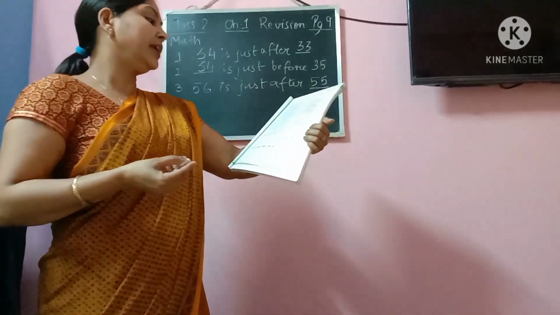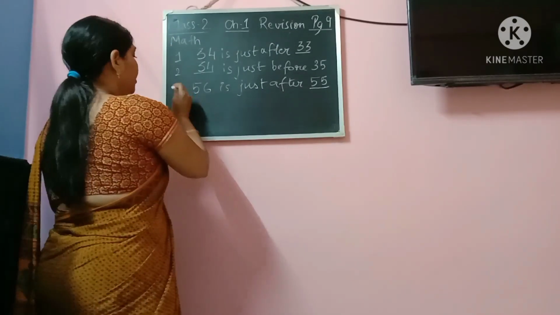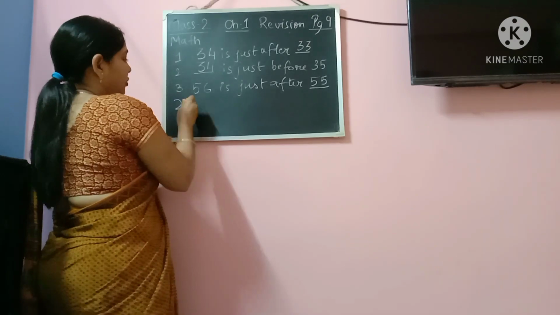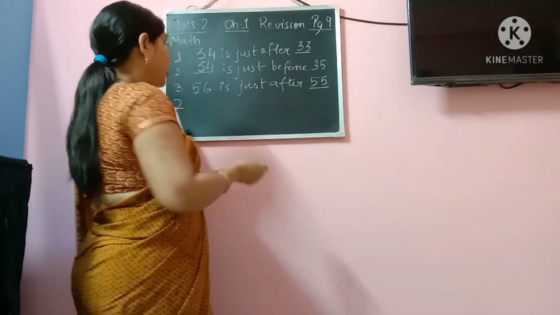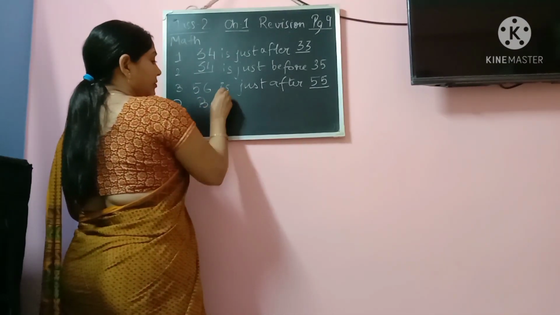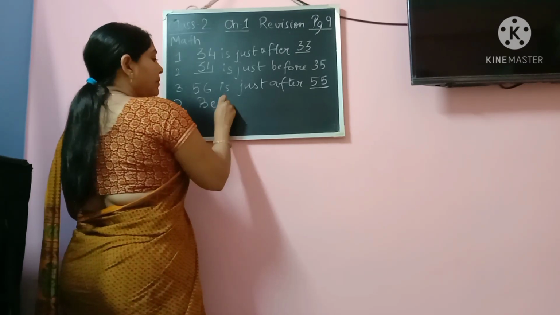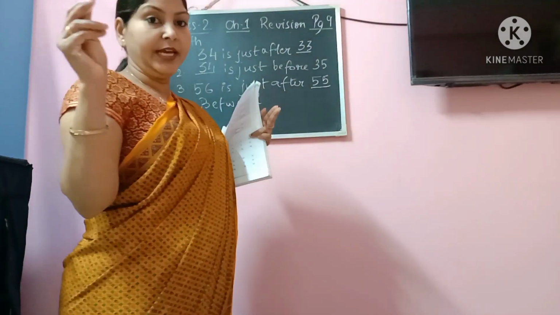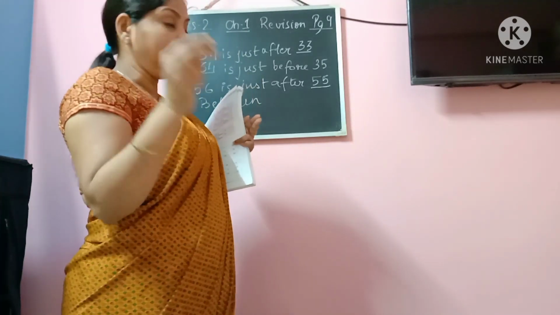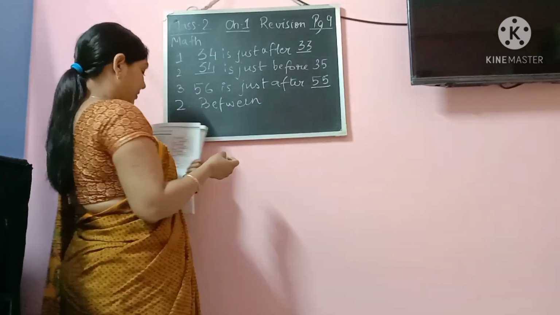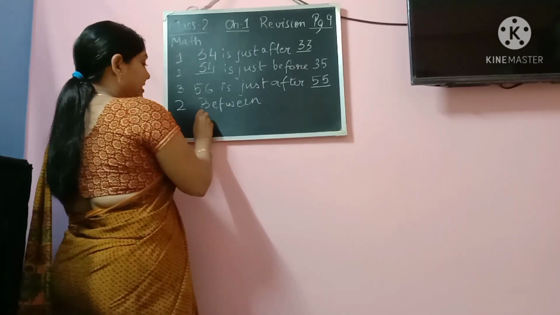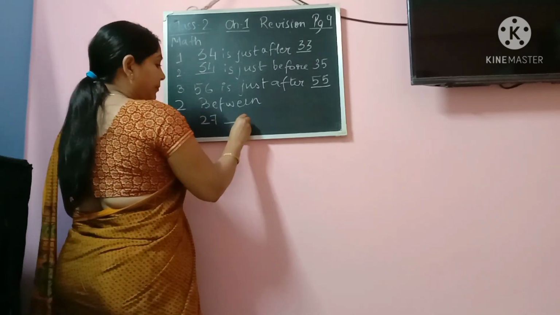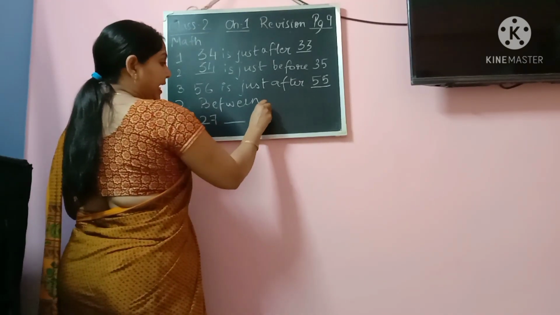Question number 2. What comes in between? Now this one is the between concept. Between means when two numbers are given and there is a gap in between, what number comes in that gap? Like here, 27, a gap, and then 29.